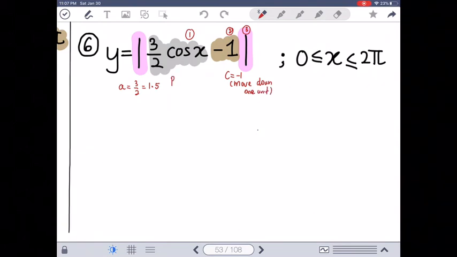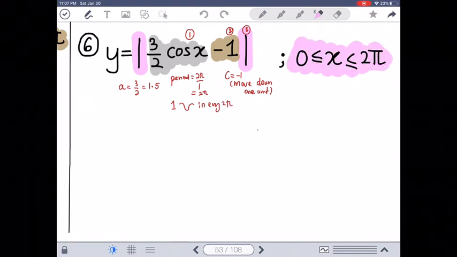And the period is just 2 pi over 1, which is 2 pi, means that one cycle in every 2 pi. And our range of value of x, we need to consider from 0 until 2 pi.